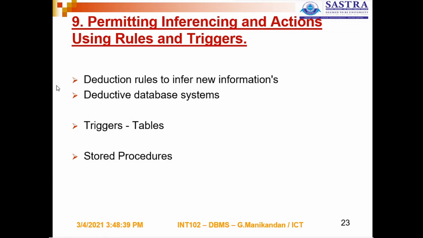For certain actions, you can associate a procedure with your table also. The difference is, if you create a procedure, you need to invoke it explicitly. If you create a trigger, it will get executed automatically.